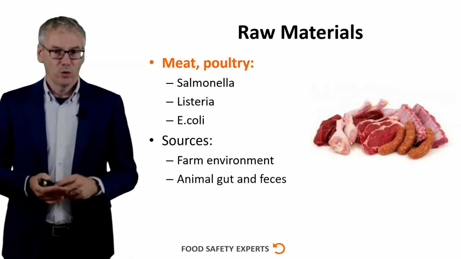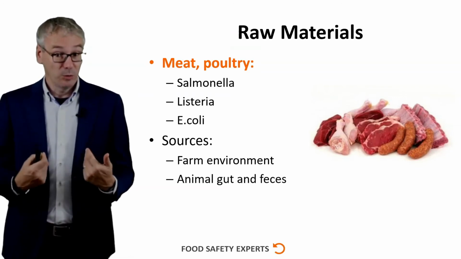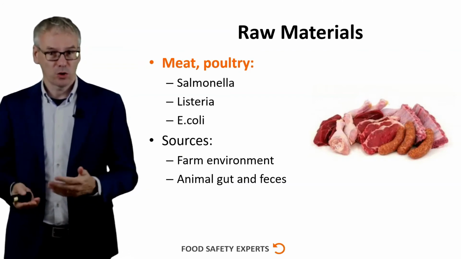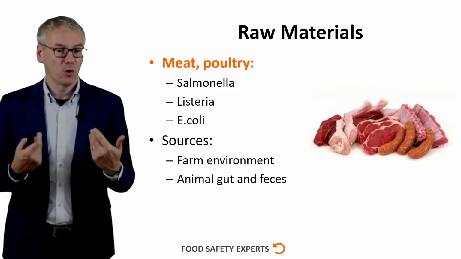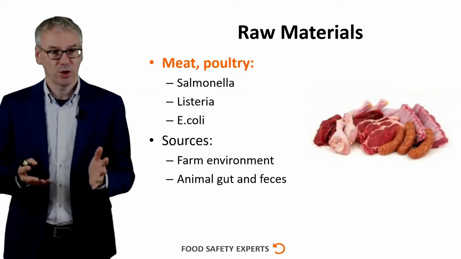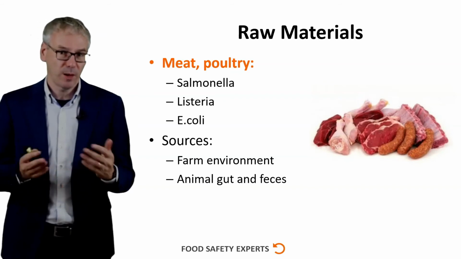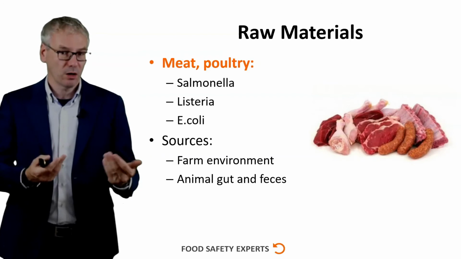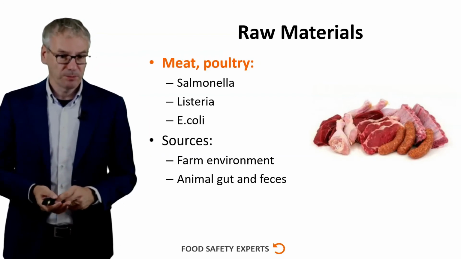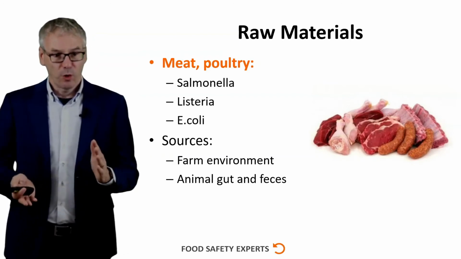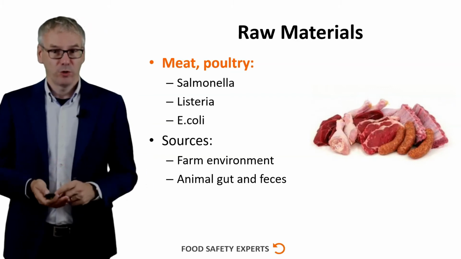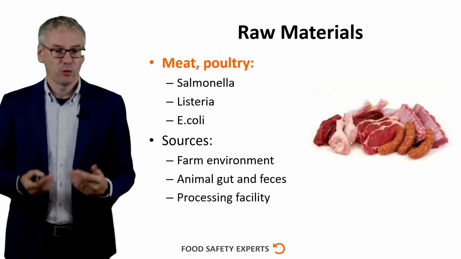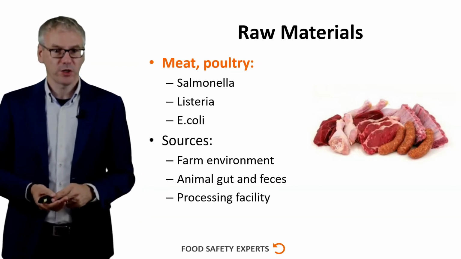But also the animal gut, which is still in the animal while it's being slaughtered, and the feces that might be there could be a source of contamination. That's why slaughtering is such an enormously important process, that it happens in a hygienic way, and contamination from the gut to the carcass doesn't take place. Of course there's a lot of focus on this, but there's always a risk of contamination. After slaughtering, we have what we call the meat processing facilities.